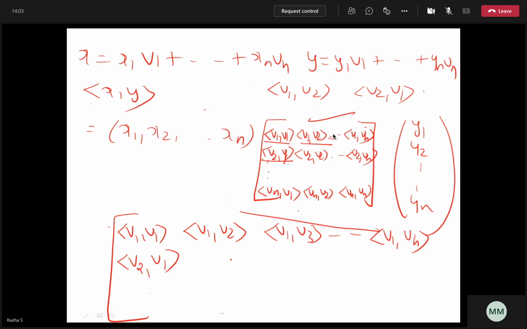Inner product of v1 comma v2 and v2 comma v1 are one and the same. So this matrix, the matrix of the inner product, is always a symmetric matrix. Okay, ma'am?